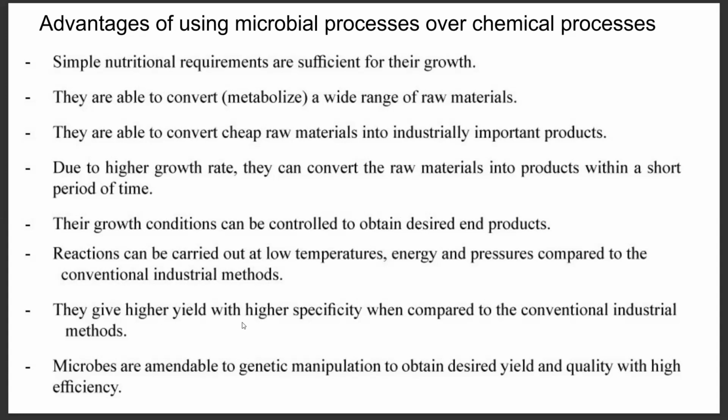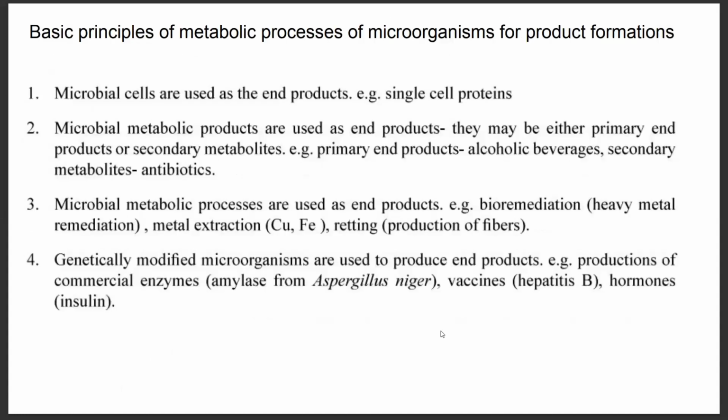They give higher yield with a higher specificity when compared to the conventional industrial methods. Microbes are amenable to genetic manipulation to obtain desired yield and quality with high efficiency. So those are the advantages of using microbial processes over chemical processes.